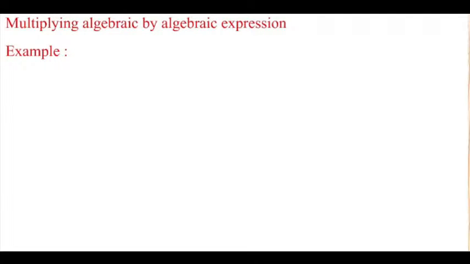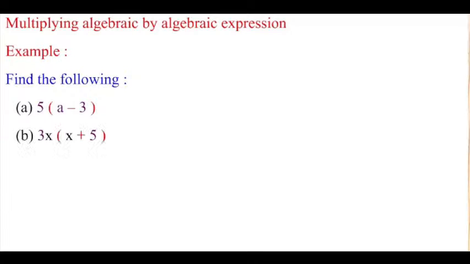Unit 2, Lesson 5. Multiplying algebraic expression by the algebraic expression. Example: find the following. A, 5 open bracket a minus 3. B, 3x open bracket x plus 5. C, negative 2a open bracket 7 minus 3a.